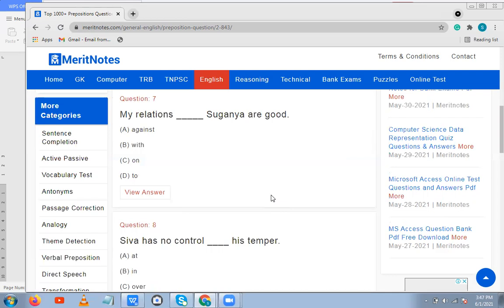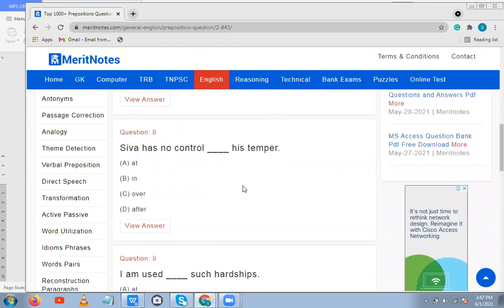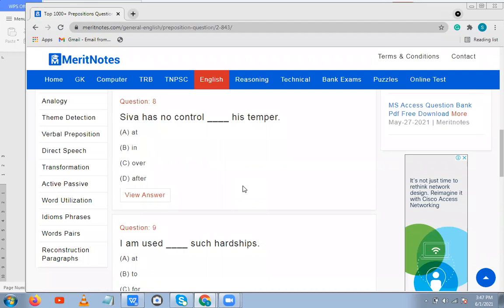Seven done? Yes, ma'am. 8. Shiva has no dash his temper. Quickly complete this. We are in complete darkness now. Ma'am, completed till 8. You can't see me now. It's all dark.